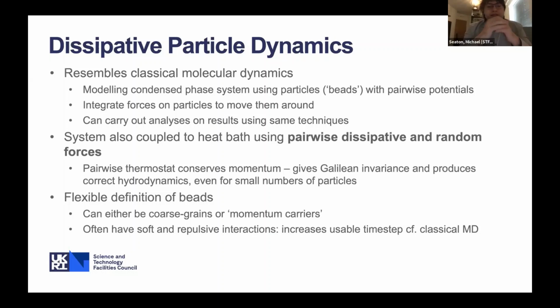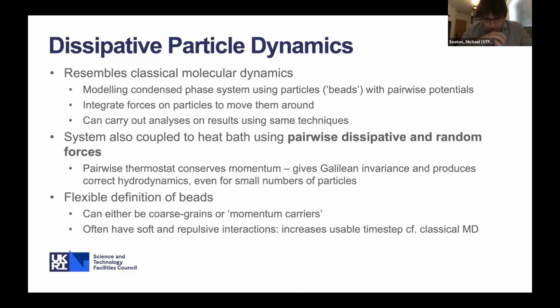However, there are two big differences. One is that there's a kind of thermostatting in DPD almost for free. There are additional dissipative and random forces that act between the particle pairs, and those forces not only control the simulation temperature, but they also automatically conserve the momentum of the system, both globally and locally.